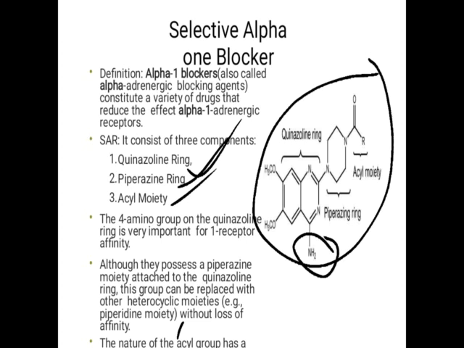So we can replace this piperazine ring by the piperidine ring or simply by a straight chain alkyl chain. Then the main point, that is this acyl part, the COR. This acyl part is required for the pharmacokinetic effect. So the pharmacokinetics, that is the duration and the bioavailability, depend upon this acyl part. Okay.